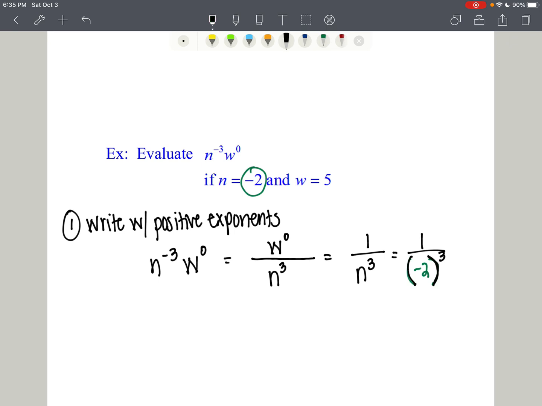So parentheses in place of n, and then what do we substitute in? We substitute in a negative 2. Well, what's negative 2 times itself 3 times? Negative 2 times negative 2 times negative 2 is a negative 8. So we get 1 over negative 8.